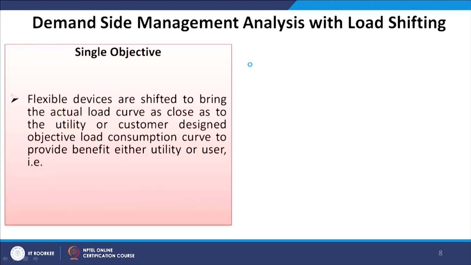Flexible devices are shifted to bring the actual load curve as close as possible to the utility or customer designed objective load consumption curve, to provide benefit either to the utility or to the user. It means the current load characteristic will be of a given pattern, and you have a desired load pattern, which may be desired by the consumers or by the utility.